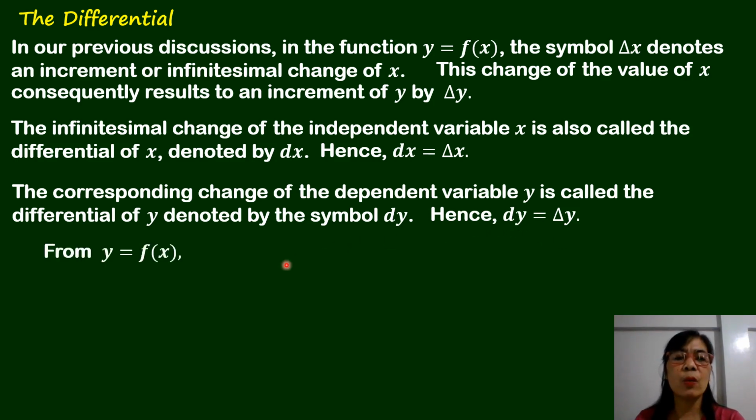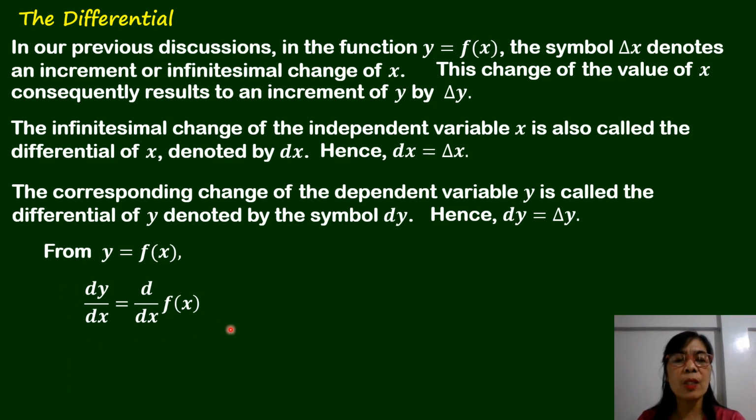Going back to the function y is equal to f of x, if we are going to find the derivative of this function, that will give us the derivative of y with respect to x is equal to the derivative of f of x. Since we already have a meaning for dx, the differential of x, and dy, the differential of y, we can say that the derivative of y with respect to x may now be considered as the ratio of the differential of y and the differential of x.